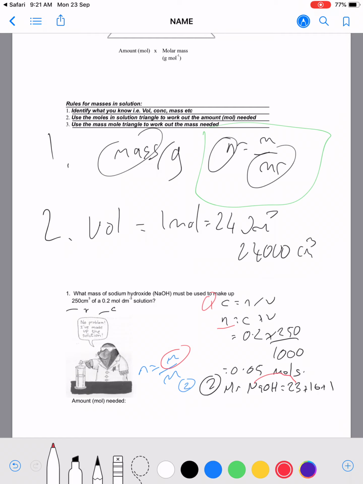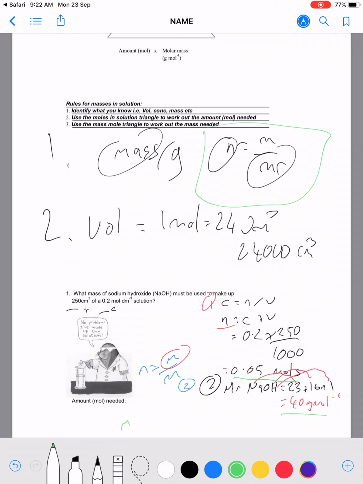Please use ptable.com, that's one of my favourite websites. Sodium 23, oxygen 16, hydrogen 1, that equals 40 grams per mole. But we've got 0.05 moles and a molecular mass of 40 grams per mole.